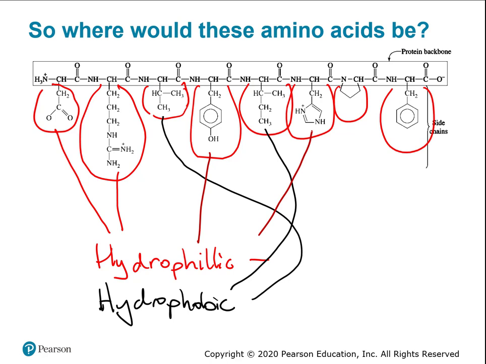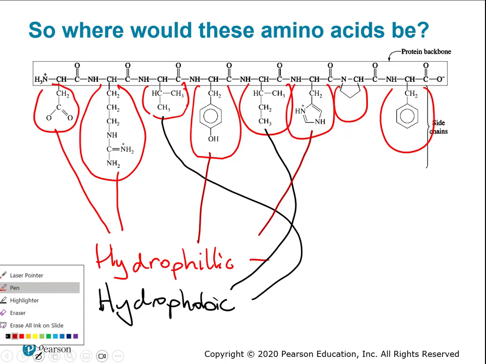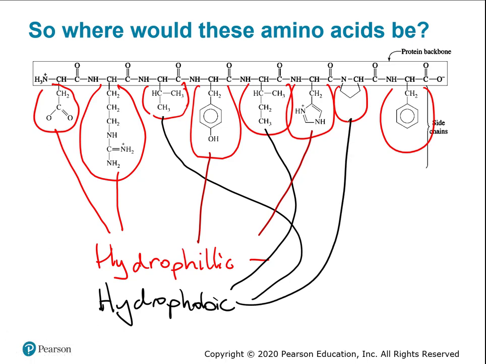Next one. Next one's really strange. Do you see how it looks like it's like a ring attached to the chain twice? That's proline. So it's actually like a CH2, CH2, CH2. So if it's only CHs, it's going to be hydrophobic. And then the last one. Hydrophobic as well. If you don't see a nitrogen or an oxygen, hydrophobic.